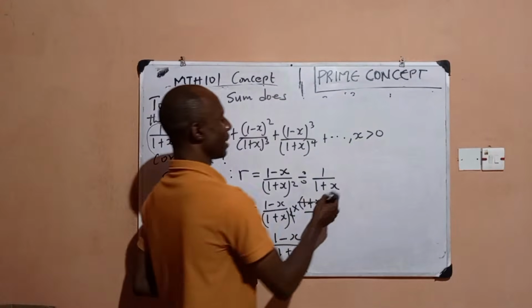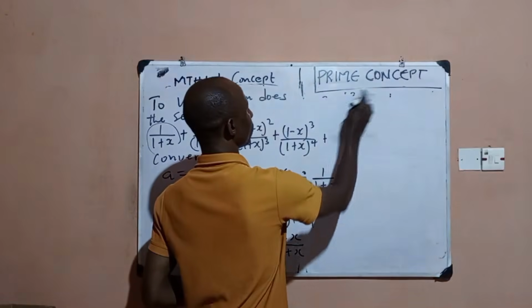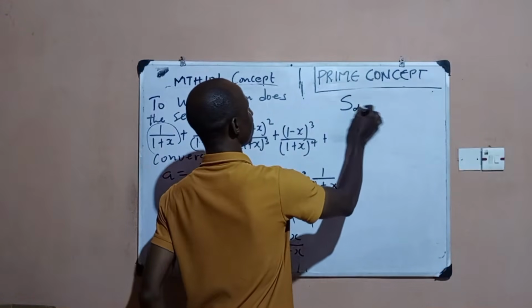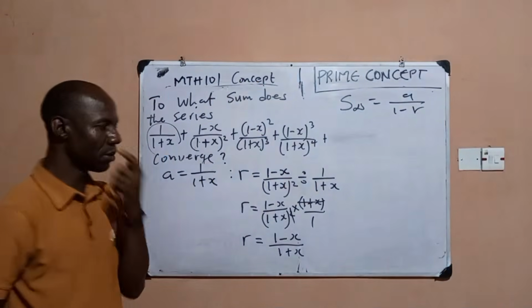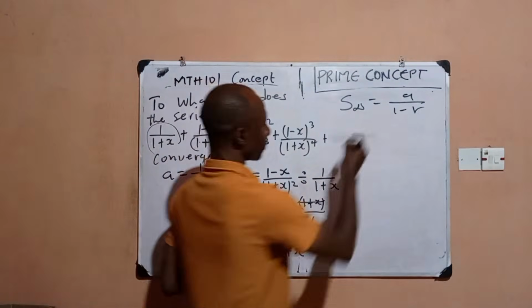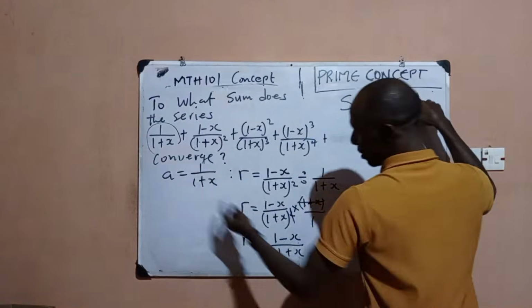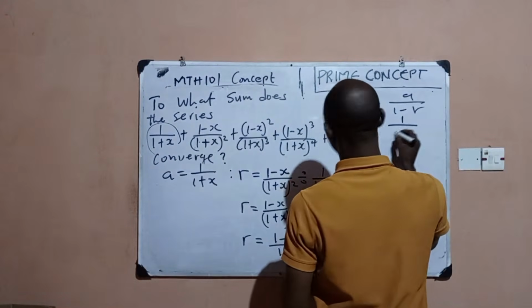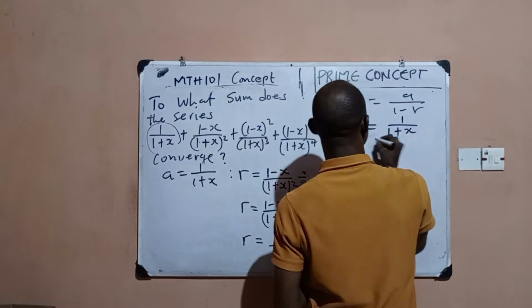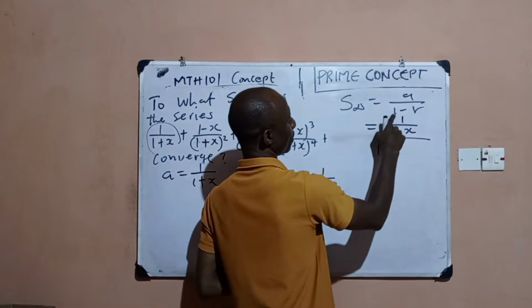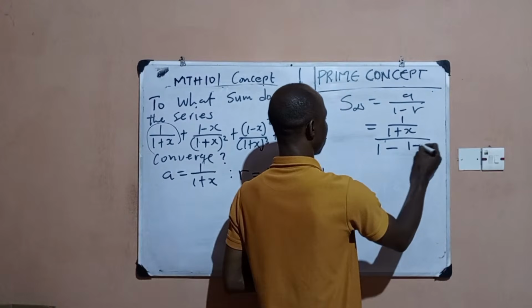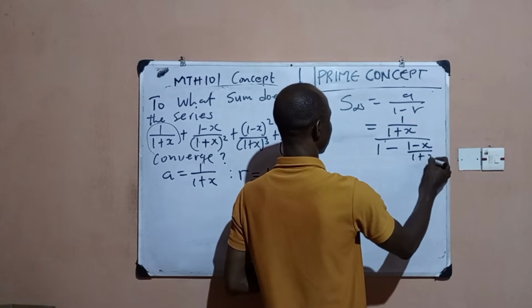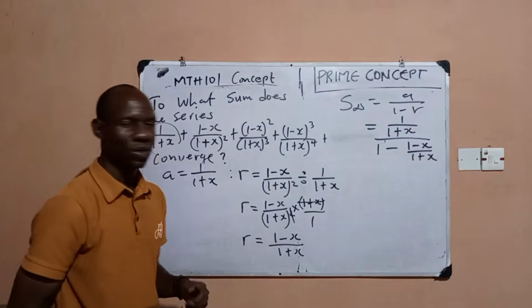So how do I find sum to infinity? Sum to infinity is A over 1 minus R. So that is the formula I'm going to use. What is my A? My A is 1 over 1 plus x, all over 1 minus my R. What is my R? 1 minus x all over 1 plus x. So I'm going to solve this.